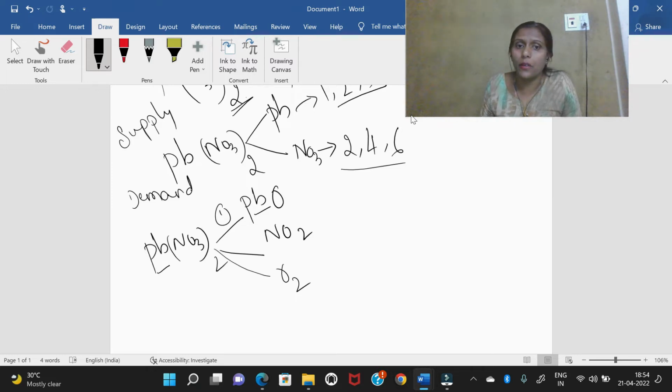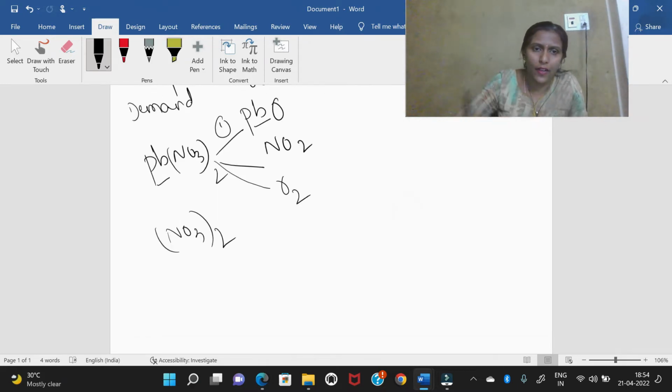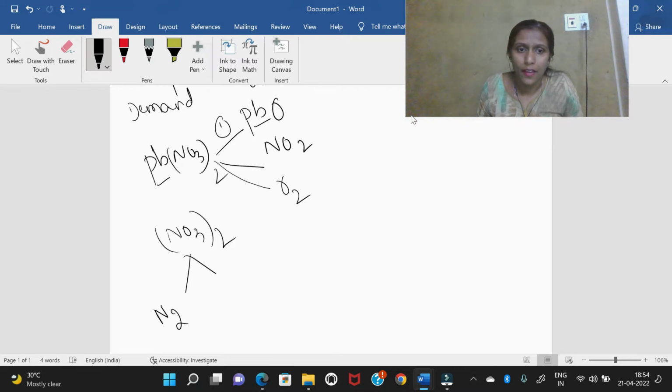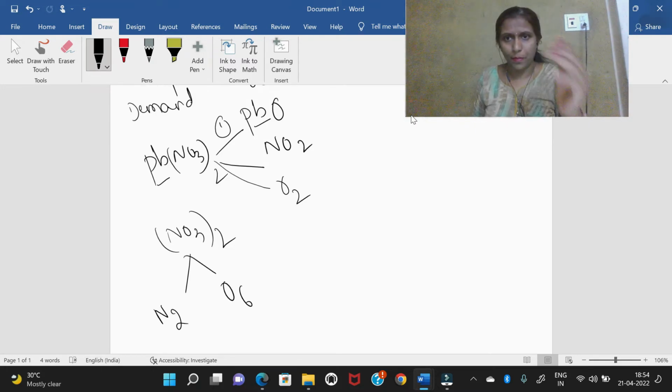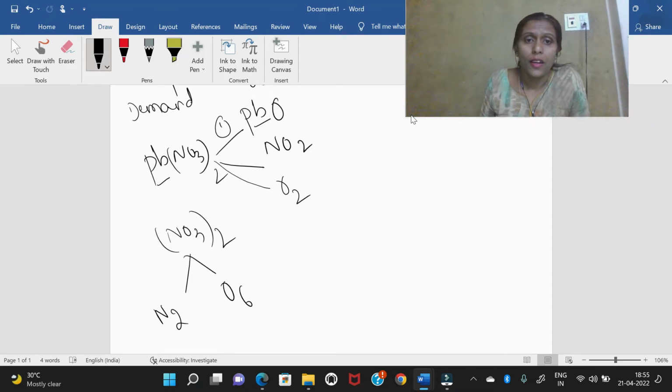So I don't need to work on that. Next, let us work on this NO3 of 2 further. It means every time I am supplying 2 atoms of N and 6 atoms of oxygen. My supply is like this. But here look, the second family wants only 1 kg of nitrogen, but my supply is 2 kgs at a time.